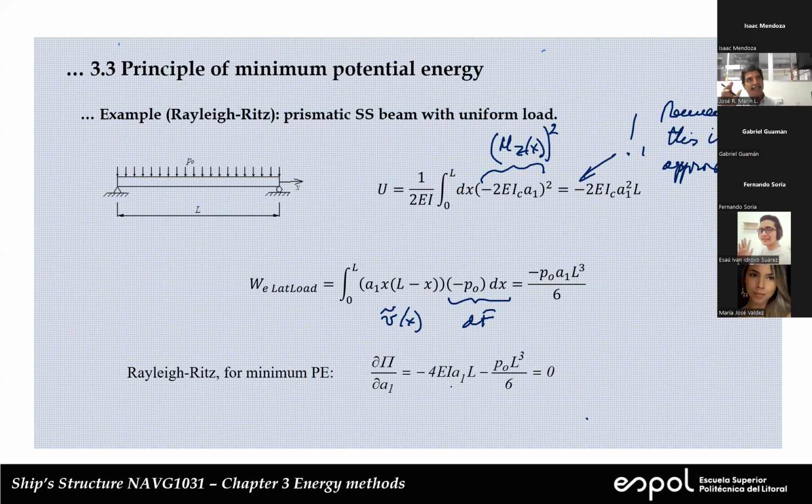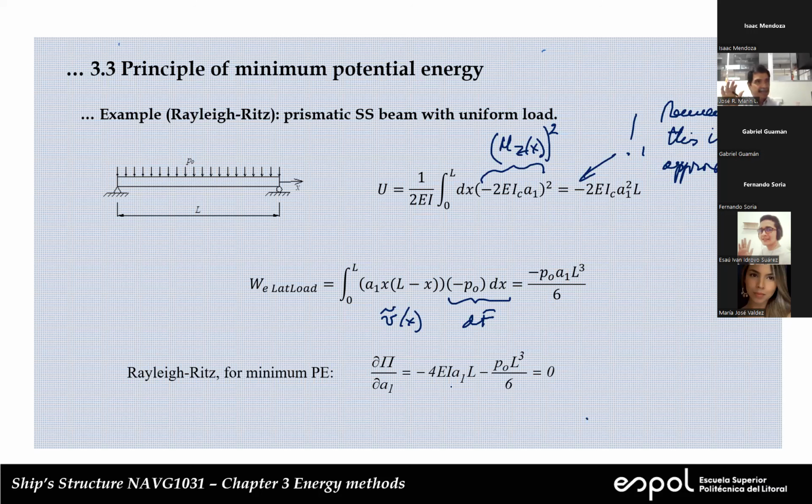We are not certain that this is the best solution, okay? And as a matter of fact, we obtain a value of U, the strain energy, which is negative, which gives us not a good feeling, right? Because we expect that amount to be positive. So in general, that's an approximation.